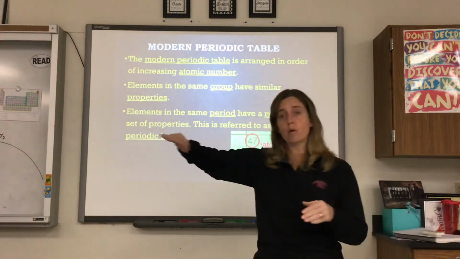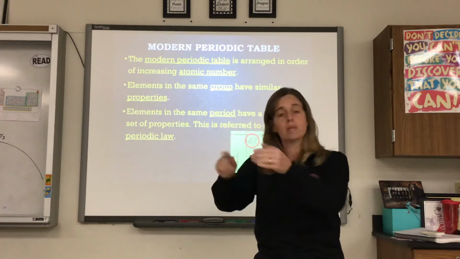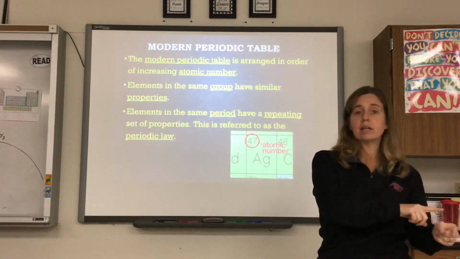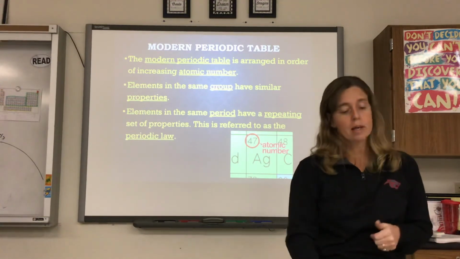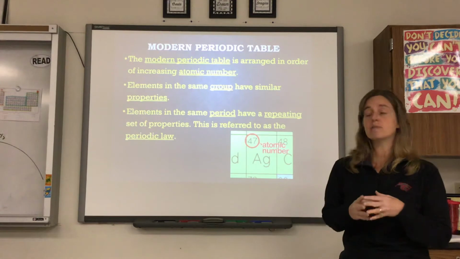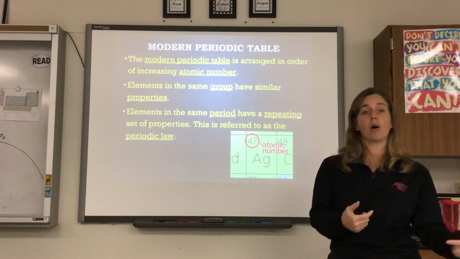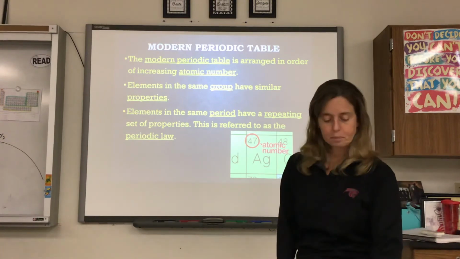As you go across the row, the properties are changing based on their columns, and then when you get back to the left side again, the properties are going to repeat themselves, okay? This is referred to as the periodic law, meaning every period it's going to repeat itself, okay?